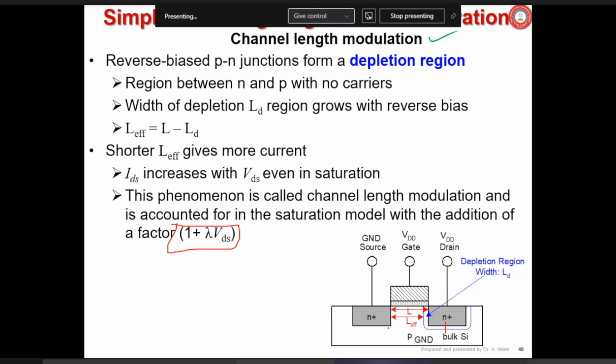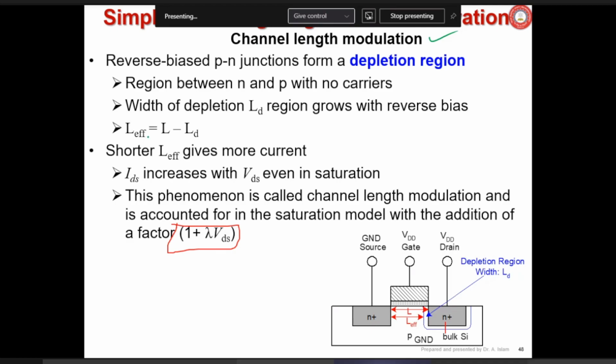We can ignore the other side; I have not drawn it because it is very thin. In a short channel, only the drain side is shown. So the channel length of the MOSFET is getting reduced. Effective channel length is becoming less than the actual or drawn channel length.